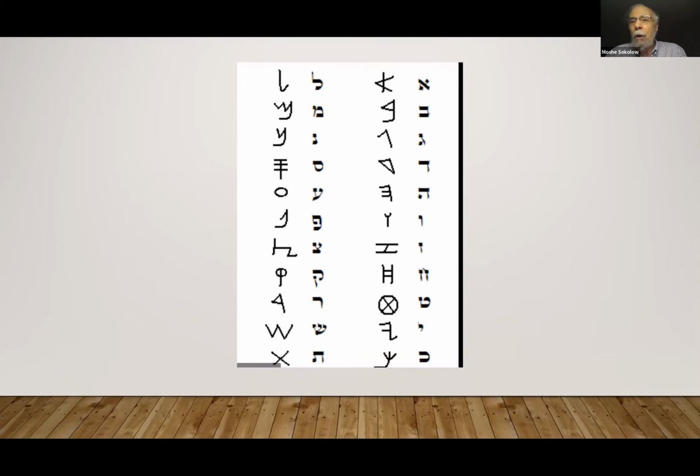You may remember at the close of last week's class, we looked at one scholar's theory of how the letters of the alphabet are grouped together.